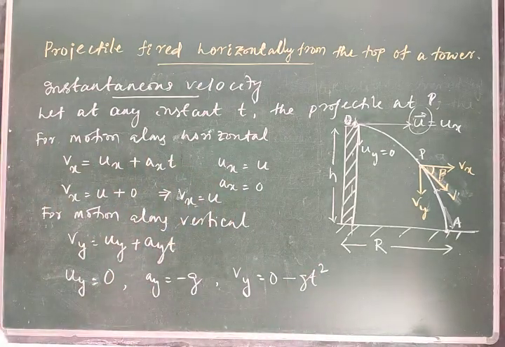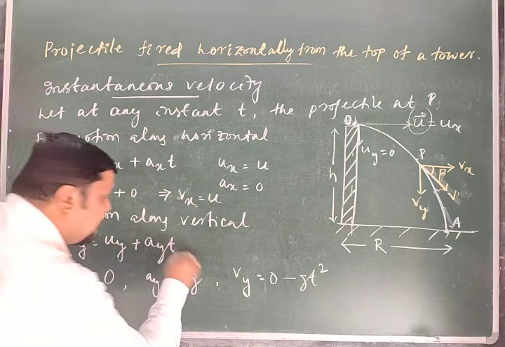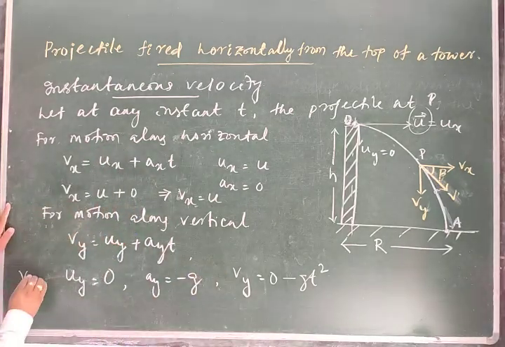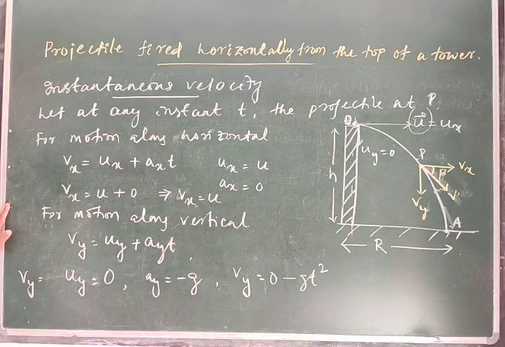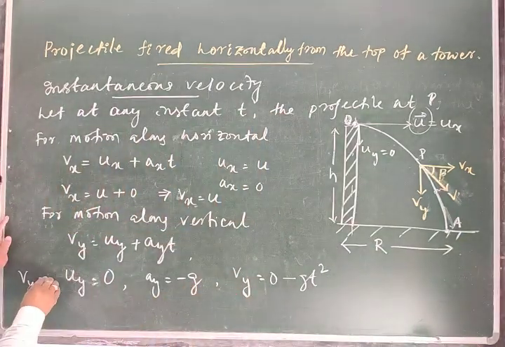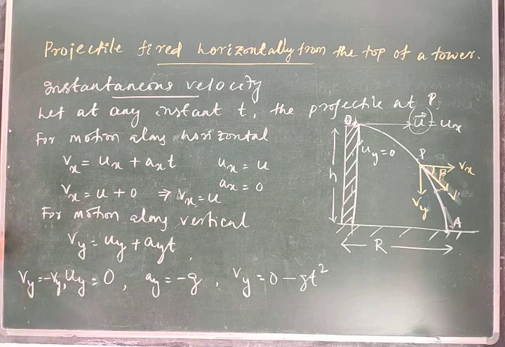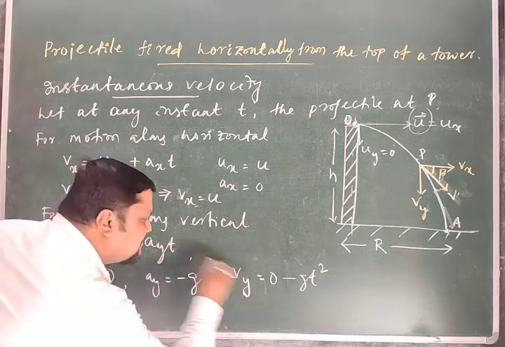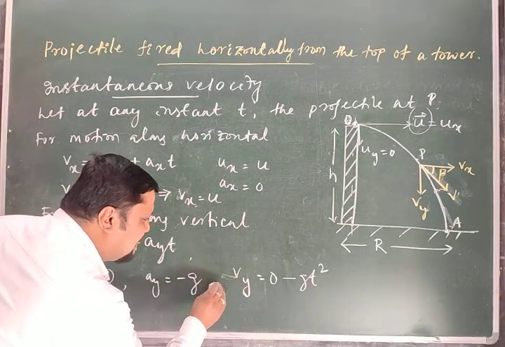So again another sign convention I have to put here. What is this vy? It is vertically downward. So I put this as minus vy according to the sign convention.